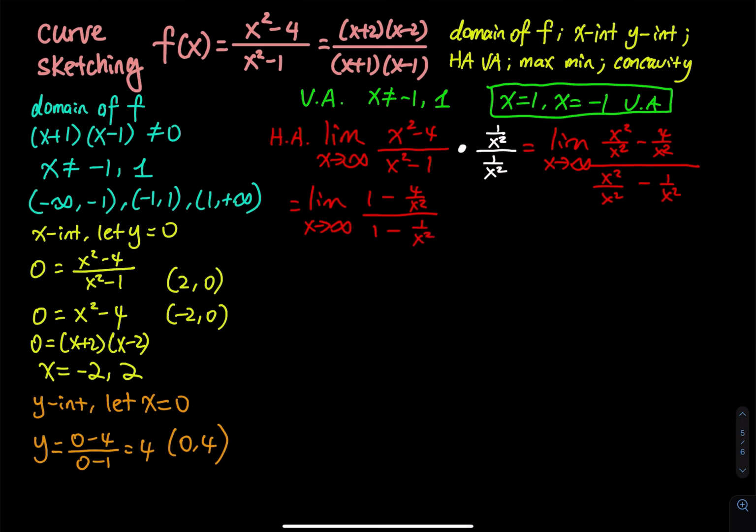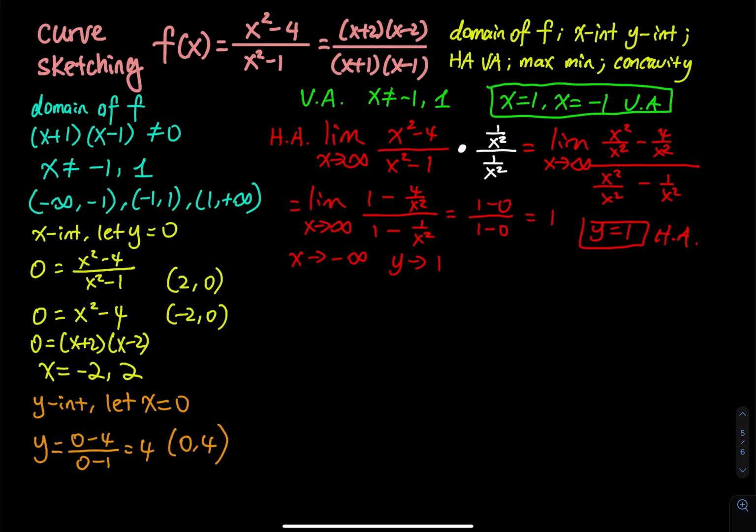As soon as x goes to infinity, all the fractions become 0. Then you have 1 minus 0 divided by 1 minus 0, so that is equal to 1. So y equals 1 is my horizontal asymptote. And of course, if you let x approach negative infinity, y approaches 1 as well.